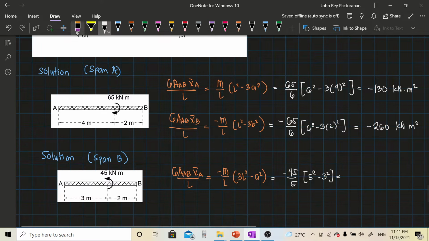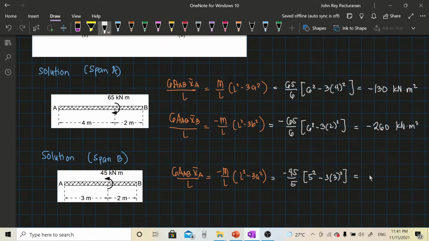Okay? So here, let me go back. Mali ito. Pero at least di pa natin siya nako-compute. So this is L squared minus 3A squared. Okay? So pag sinubstitute natin siya ngayon, that is 5 squared minus 3 ng 3 squared, di ba? Because 3 meter yung A natin.